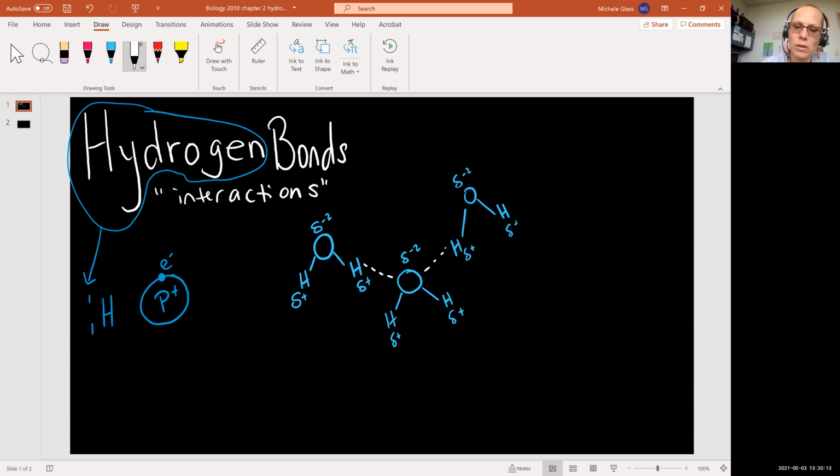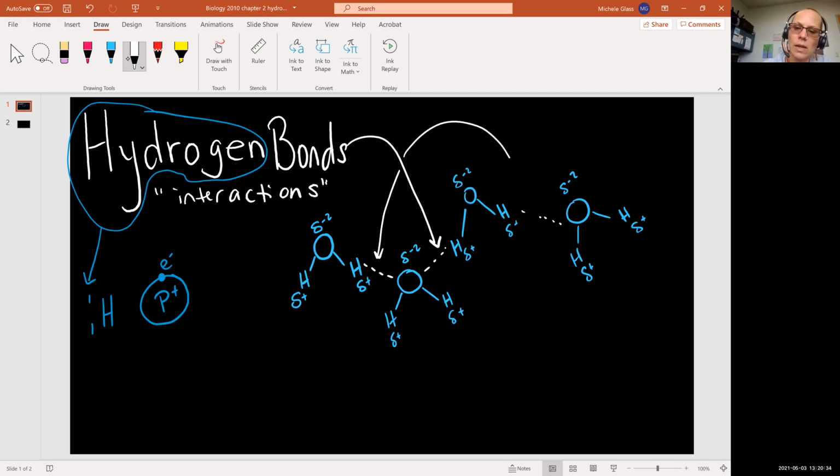Hydrogen bonds are typically shown as a dashed line. I could do another one. And so what we end up with is a chain of these water molecules linked together by these hydrogen bonds. So everything that I've done in this dashed white line is showing a hydrogen bond. It's basically the attraction between charges.